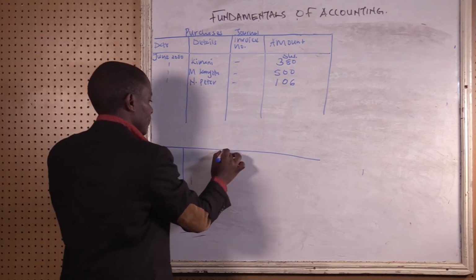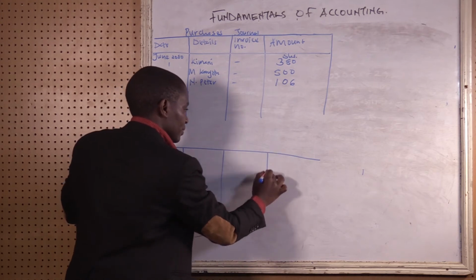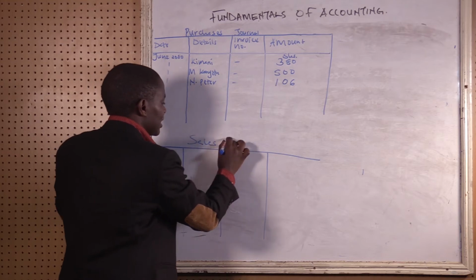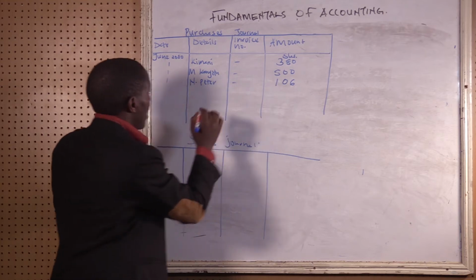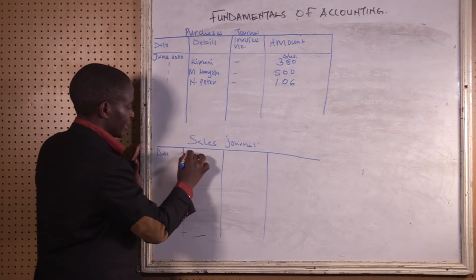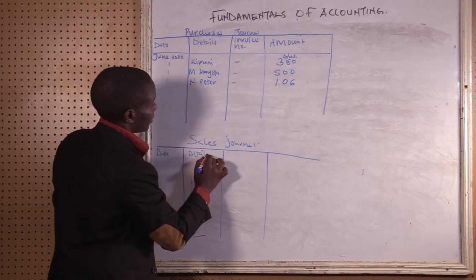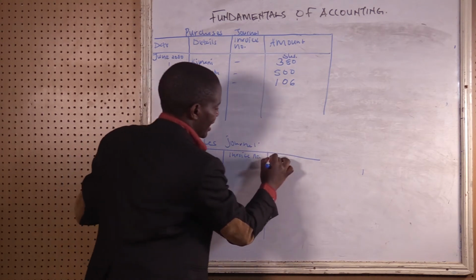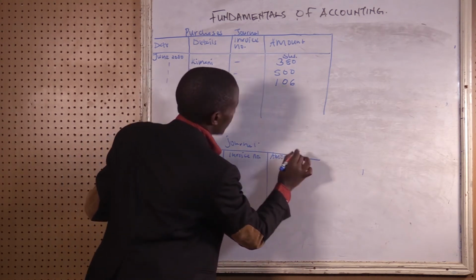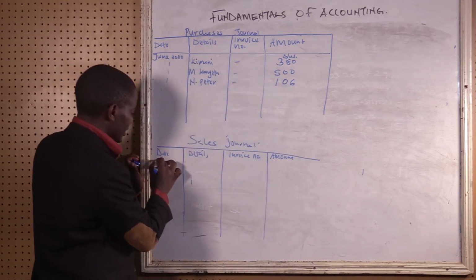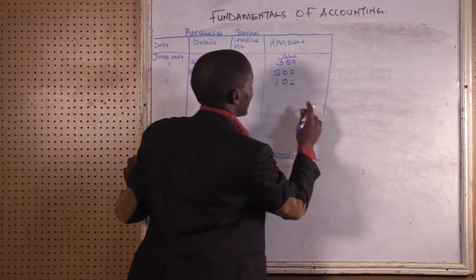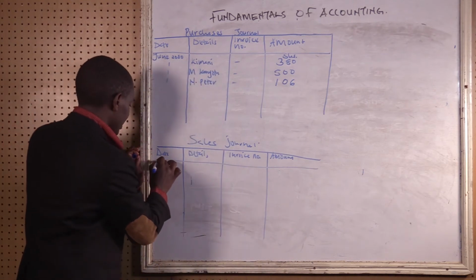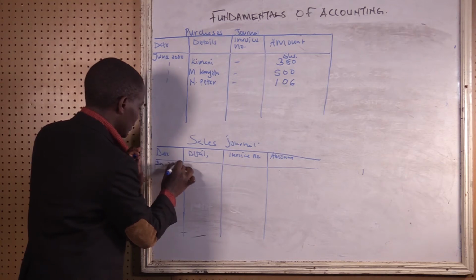That is the sales journal. I shall have the date, details, invoice number, and then the amount. Our date here is June 2000.